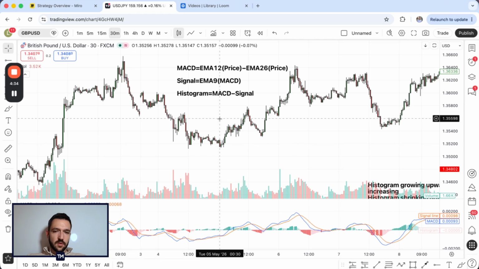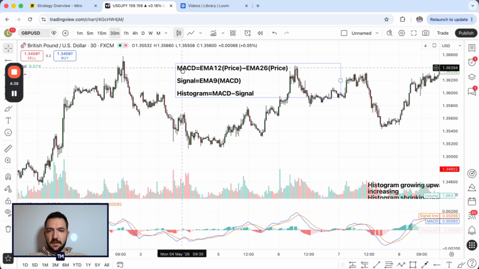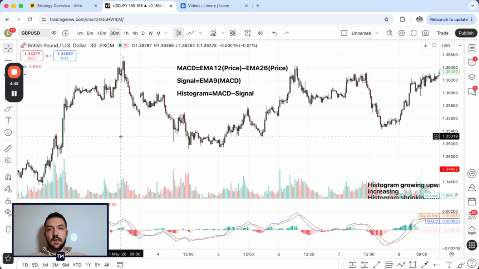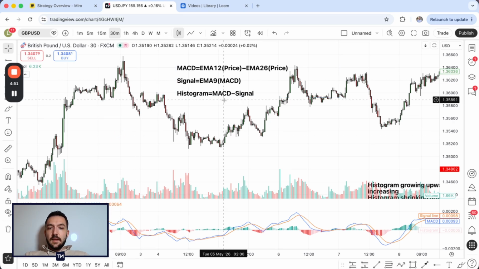This is a bit more complicated, but again, just keep in mind the MACD is kind of following the price, and signal is a smoothened version of it. So when it crosses the signal line, it actually indicates something. And then there is the histogram.